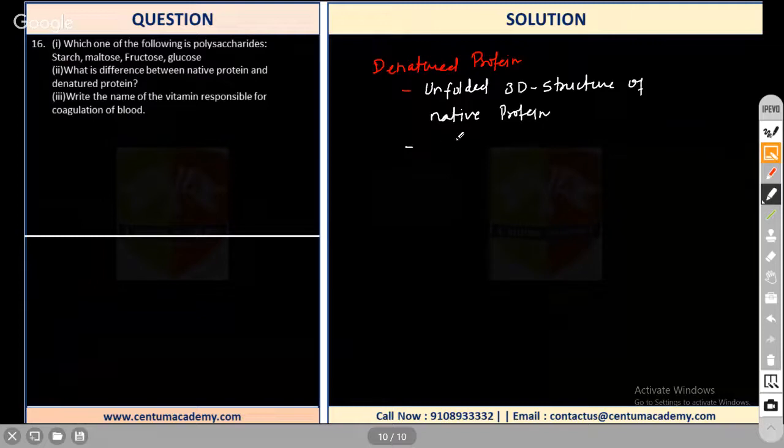Second point, it does not perform its biological activity. Third point, it does not have a particular shape.